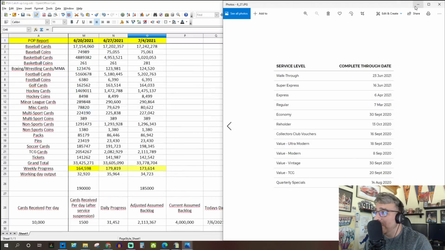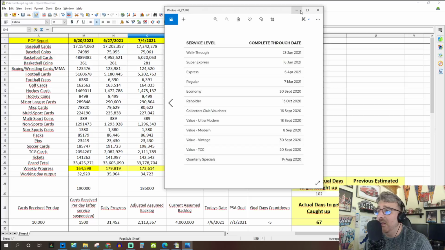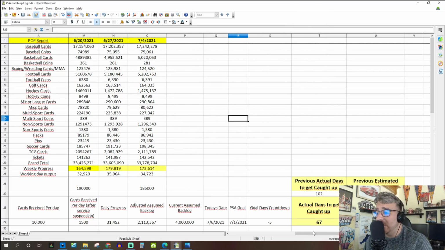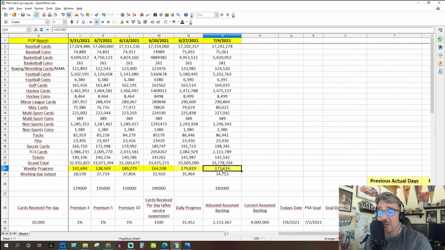I'm sure there's some press release or something out there that can try to explain some of this, but I really don't know. Anyway, another relatively big week this week, 173,000 cards that they did. Strong week.